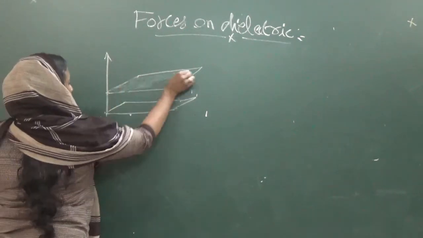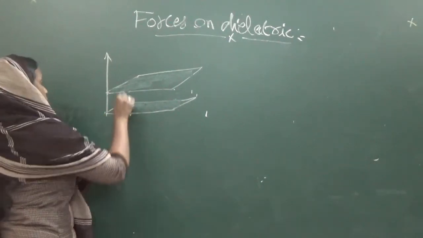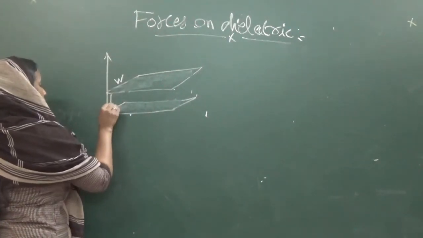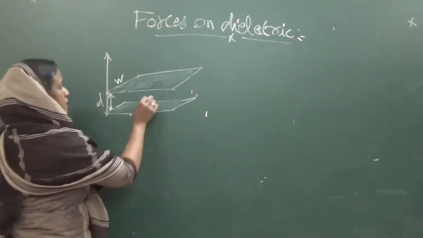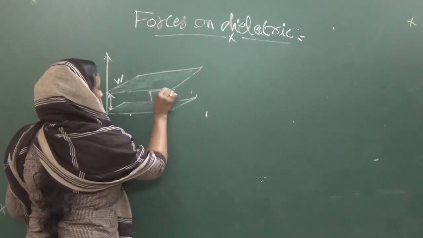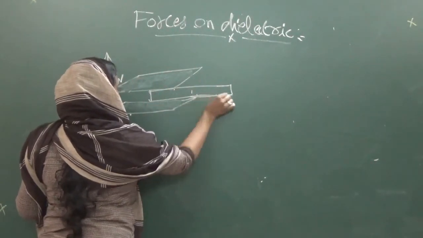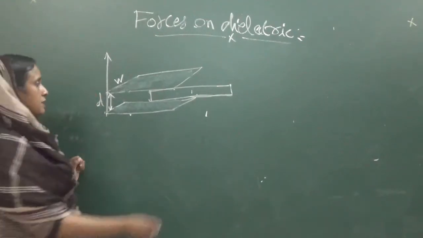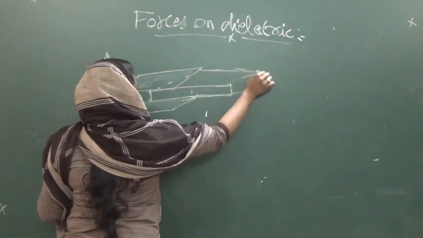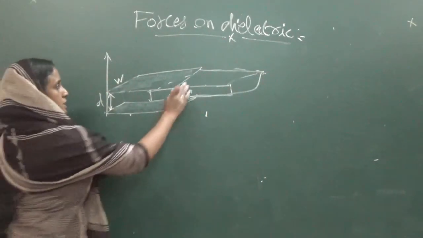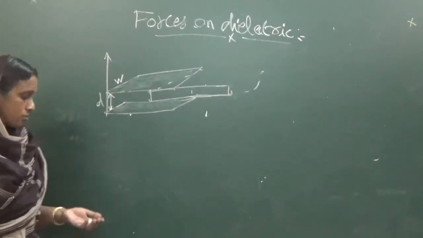These are the plates, parallel plates with width W and separation D. Inside this parallel plate capacitor, there is a dielectric slab, a dielectric slab inserting into this capacitor.